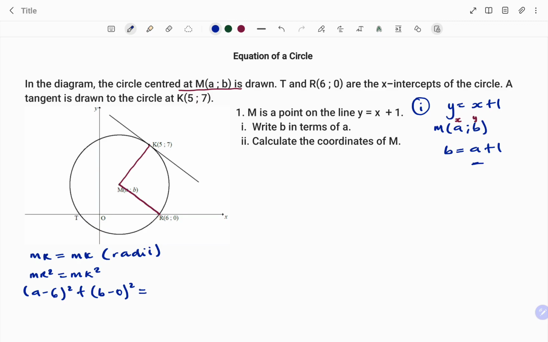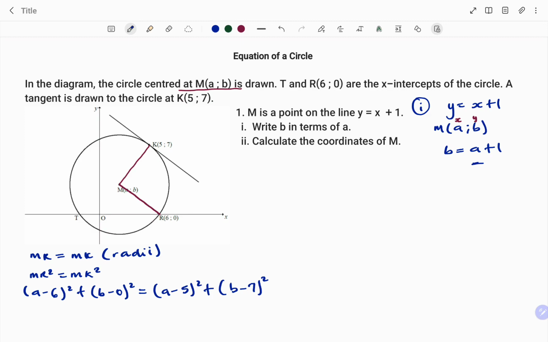We're going to do the same thing for the distance MK. So MK squared will be (a minus 5) all squared plus the y values, (b minus 7) all squared.